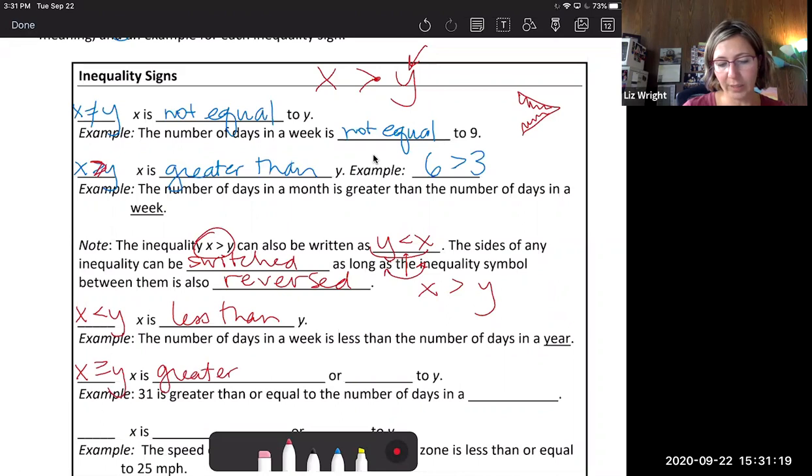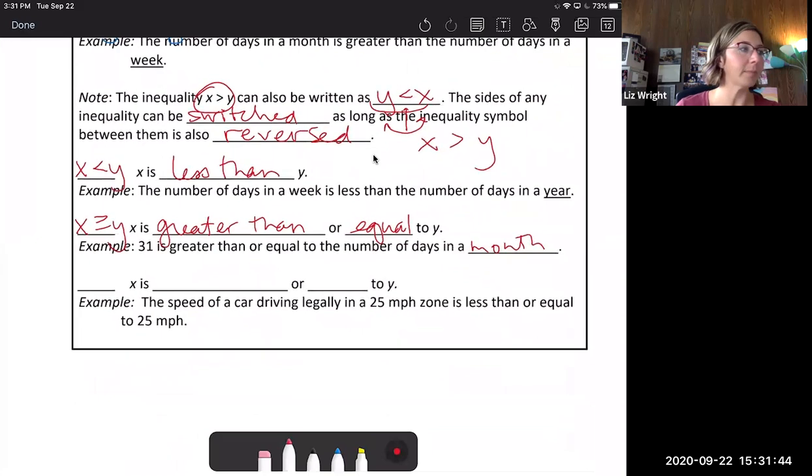So that one here is 31 is greater than or equal to the number of days in a month. So again, that's just saying if x is greater than or equal to y, x can be as big as y, or it's going to be bigger than y.